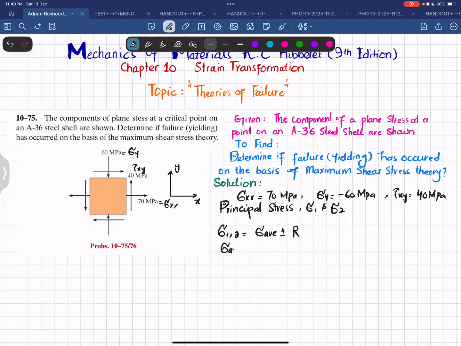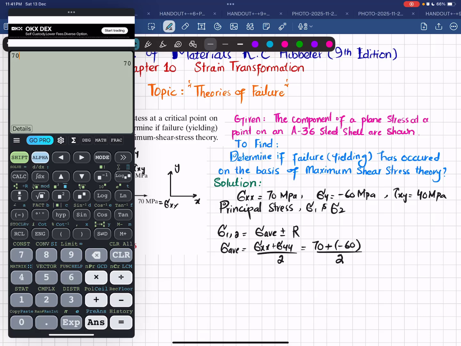Sigma average is equal to sigma x plus sigma y divided by 2, so 70 plus minus 60 divided by 2. On the calculator, 70 minus 60 divided by 2 is 5. So sigma average is 5 megapascal.